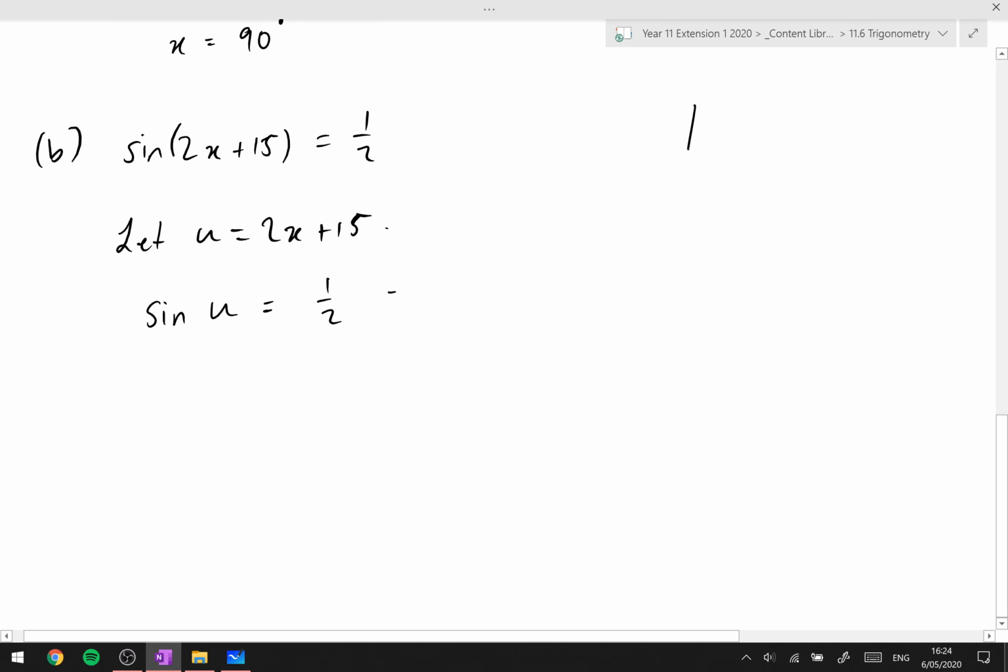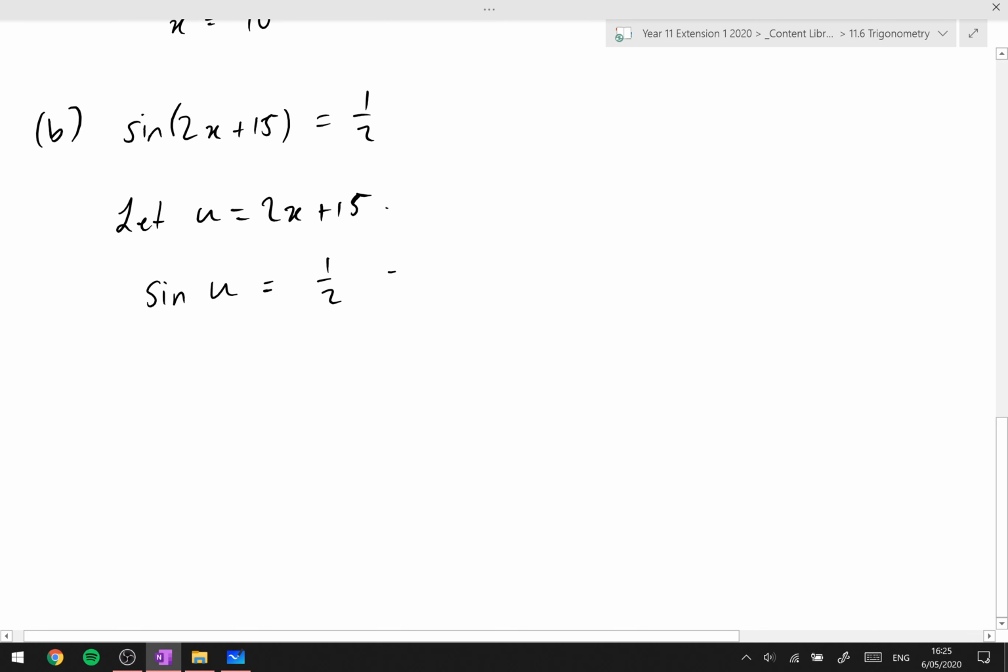Okay, well, let's go back to our quadrants. All stations to central. Oh, actually, before we do that, we need to do our restrictions. Yes, can't forget the restrictions. So, our restrictions on x are that x is between 0 and 180, so that's just from the question.